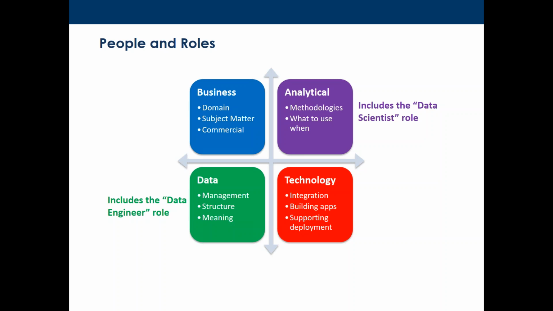But we also need technology in the final stage, which we'll talk about later, deployment, to actually put the results of analysis, which, for example, may be predictive models, into business processes. And often that requires some level of technical integration. It could require applications. It certainly usually requires some kind of technical wiring to get the models into the business.